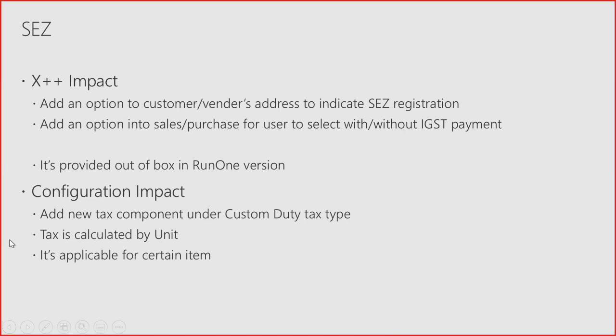But the good thing is, if you do it in the round 1 version, I mean 10+ version, we have already provided this UI change. You don't have to do anything for the UI. So that means in the round 1 version there is no impact in X++. So then we come to the configuration impact.